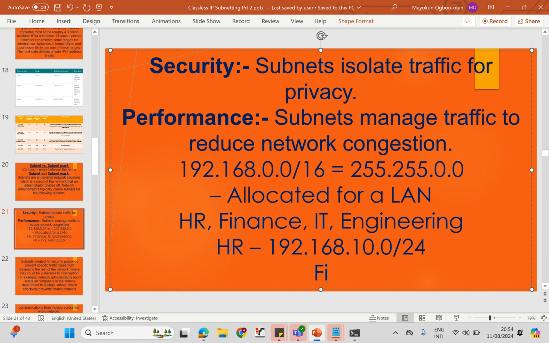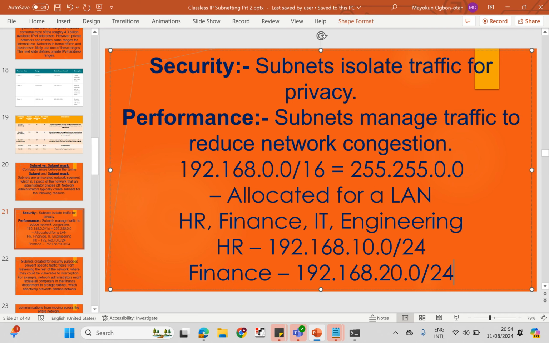Make your finance to be 192.168.20.0/24. The next one, IT, 192.168.30.0/24, and so on and so forth. This will help you.